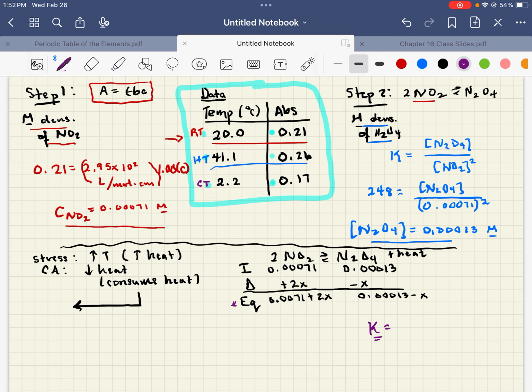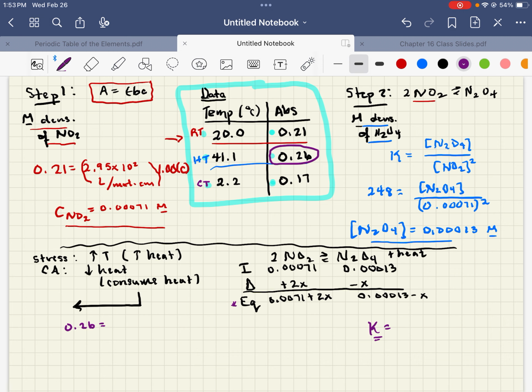So we've got to figure out something about the equilibrium information. And the good thing is, we have up here in our chart an absorbance that occurred at that hot temperature. For me, that was 0.26, so I can plug that into my A equals εbc, and I can find out what the concentration of NO2 was at equilibrium.